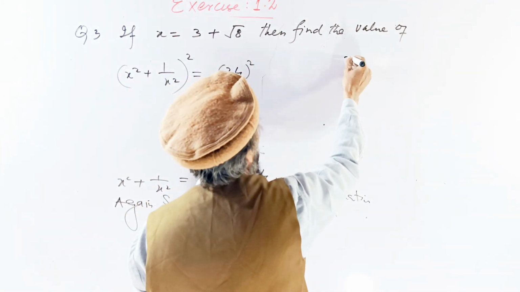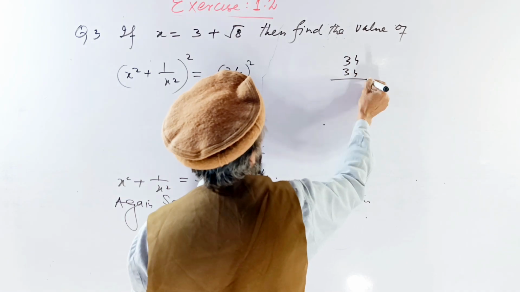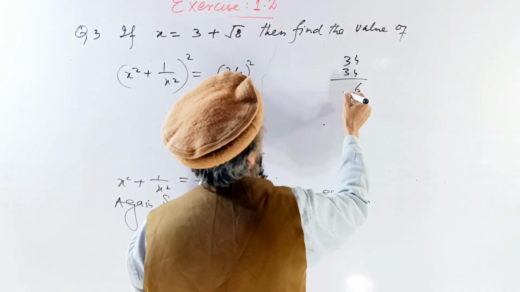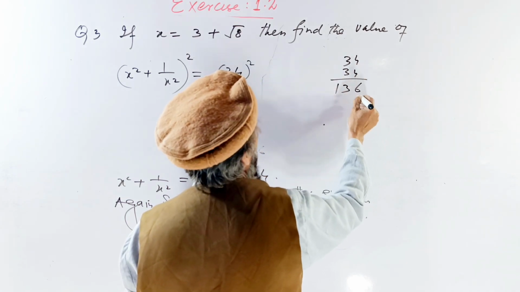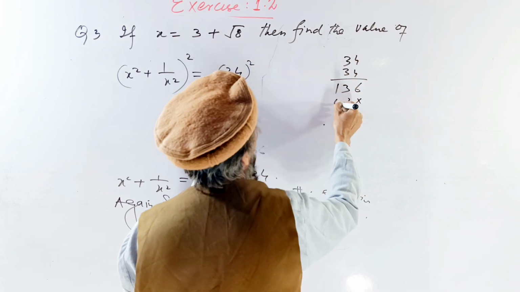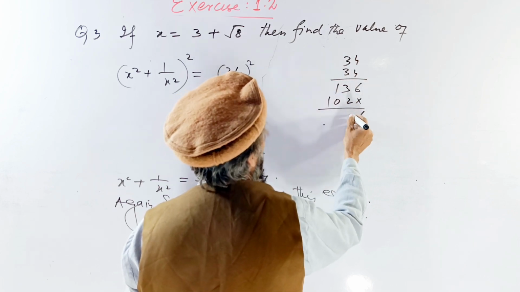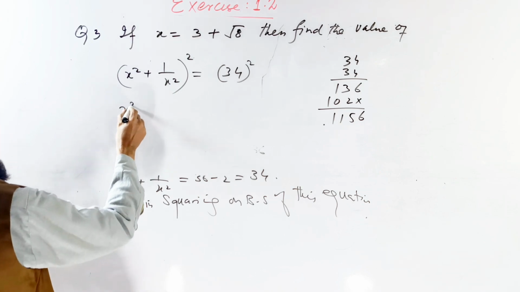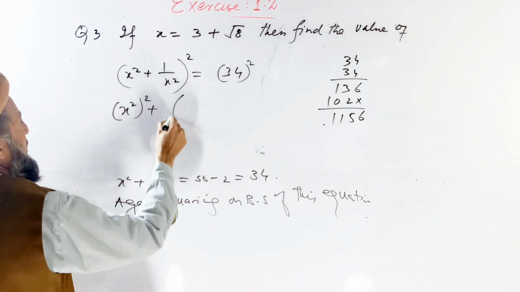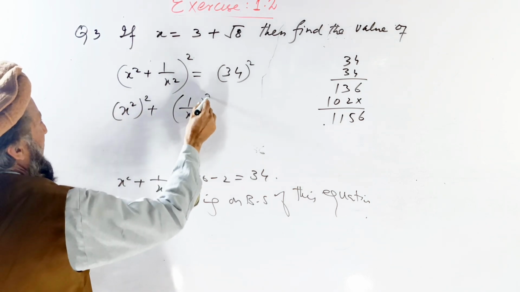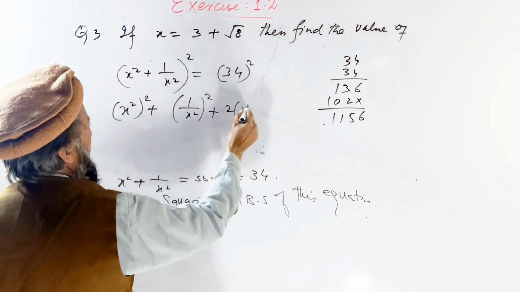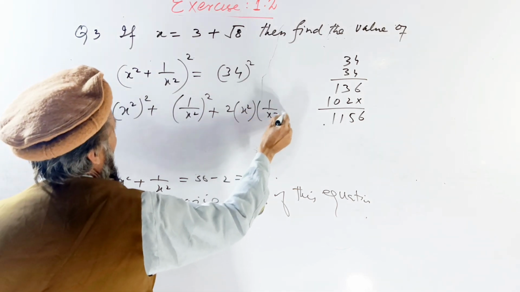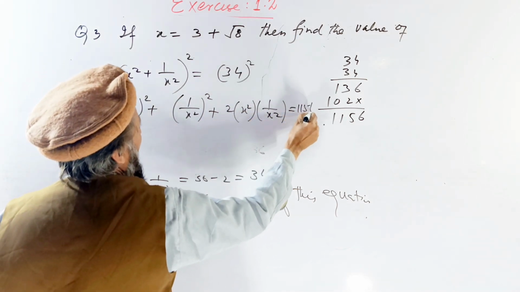If you have no calculator, we multiply this out by hand, and we get 1156. So look here, according to the formula, a square plus b square plus 2ab, and we get here 1156.